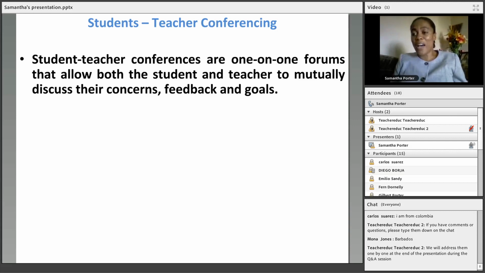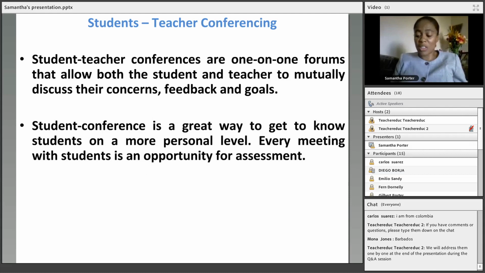So even though we have a rich discussion in the classroom, there are some students who would not voice their opinion. So this is very important so that the teacher can hear every child, can reach every child, and can meet the needs of every student in the classroom through student-teacher conferencing.